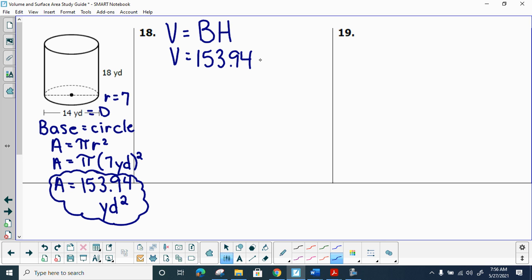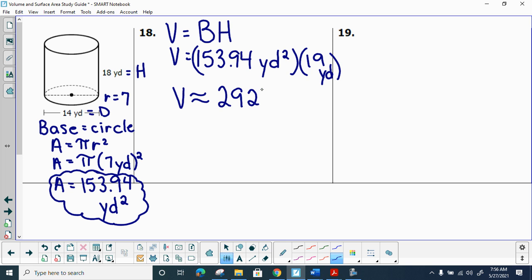I'm letting the calculator remember. I'm not erasing it or anything. The height of our prism is 18. So I'm just going to take that number that my calculator's got and multiply it by 18. And now I will actually round. 2,924.82 cubic yards.